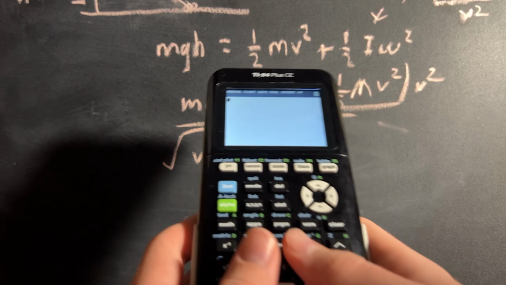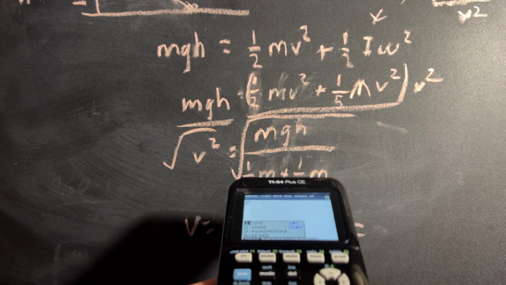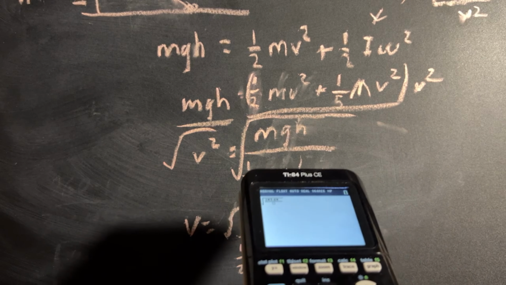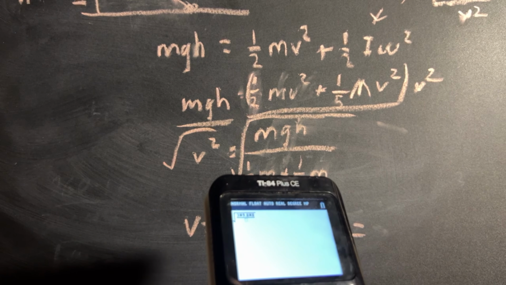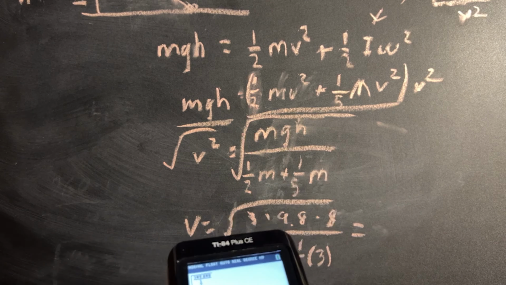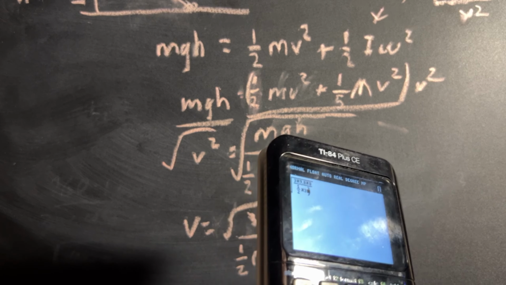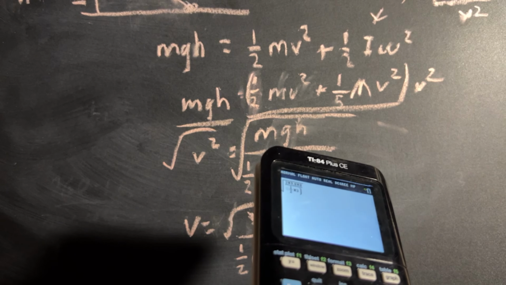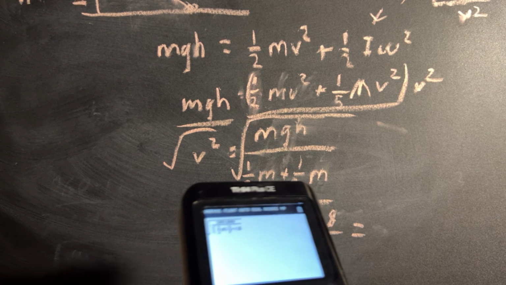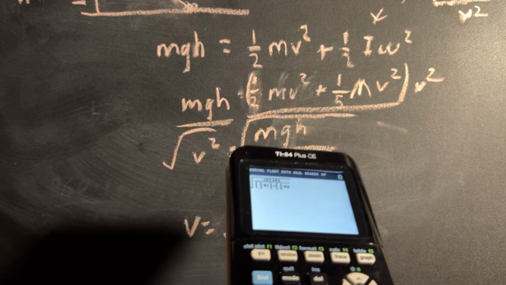Now, by plugging this in, we should get square root of 3 times 9.8 times 8 on the numerator. Then on the denominator, 1/2 times 3 plus 1/5 times 3.